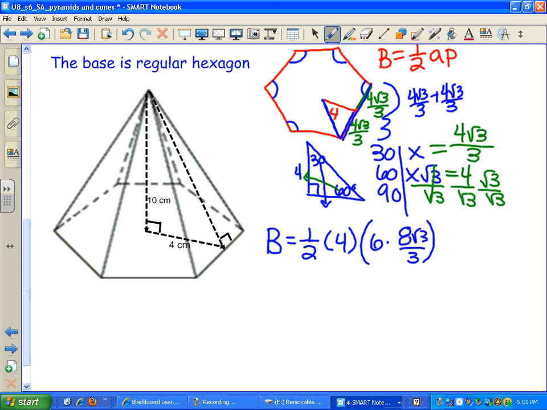So we can simplify this. Half of 4 is 2. And then over here, 6 divided by 3 is 2. And times 8 is going to be 16 root 3. Well, 2 times 16 root 3 is 32 root 3. So there's the area of the base.